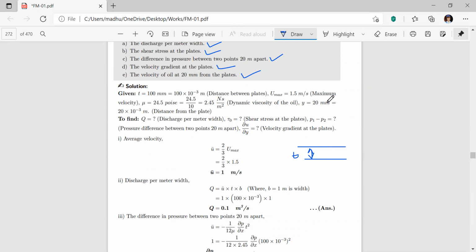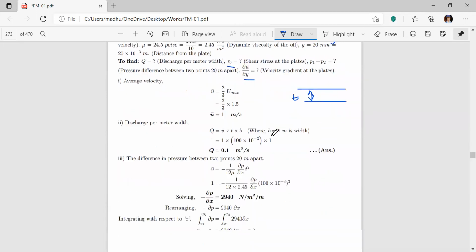Next, y is equal to 20 millimeter, that is 20 into 10 to the power of minus 3 meter, the distance from the plate we have to consider. Find out Q, discharge, shear stress at the wall, P1 minus P2, pressure difference between the 20 meter apart, and du by dy, velocity gradient.